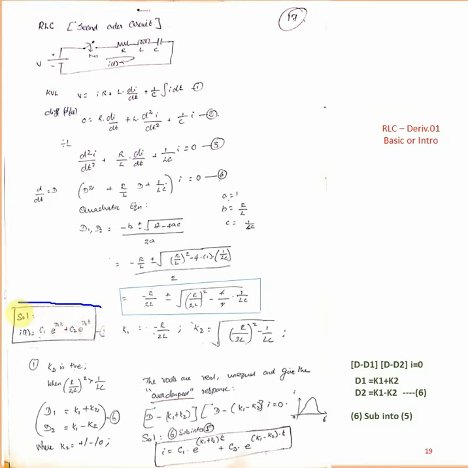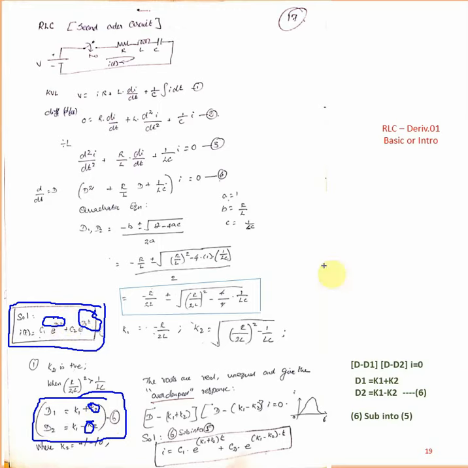In the equation, I need to substitute the d1 value and the d2 value. d1 is equal to k1 plus k2, d2 is equal to k1 minus k2. This is the formula. If it is a critically damped system, k2 is equal to 0, so you can substitute 0. d1 is equal to k1, d2 is equal to k1, both are k1. Substitute in that equation, I will write it.